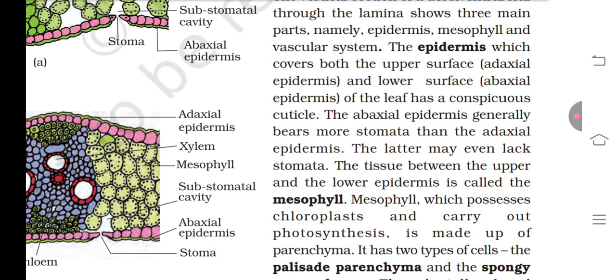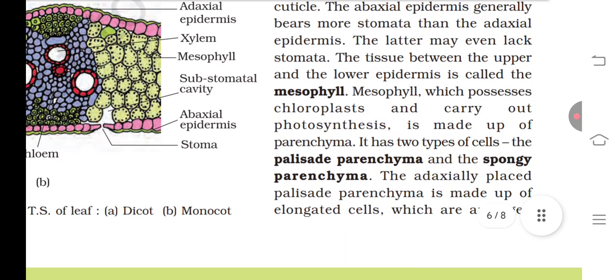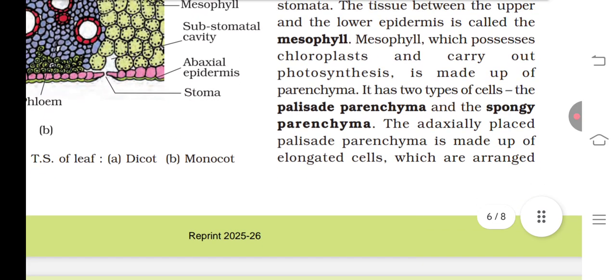The tissue between the upper and the lower epidermis is called the mesophyll. Mesophyll, which possesses chloroplasts and carries out photosynthesis, is made up of parenchyma. It has two types of cells: the palisade parenchyma and the spongy parenchyma.